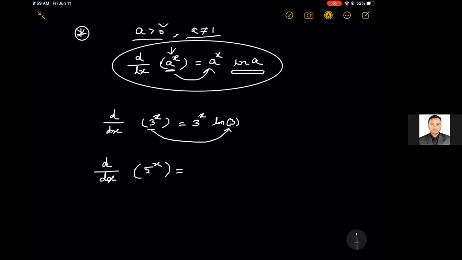What would be the derivative of 5 to the x?